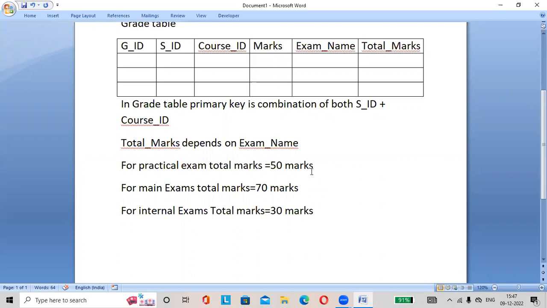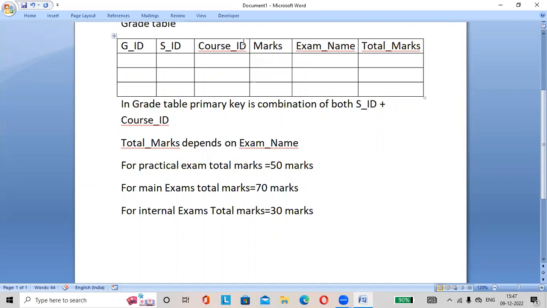Here, except total marks. See here, total marks column does not depend on the primary key. It depends on exam name. Yes or no? Exam name is not a part of primary key. This is known as what? Transitive dependency.